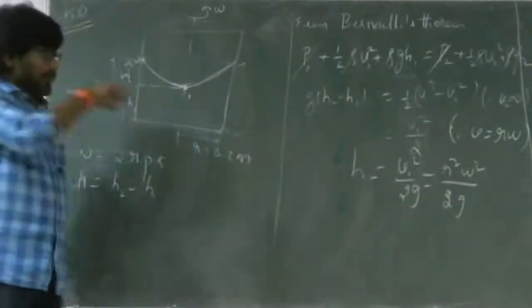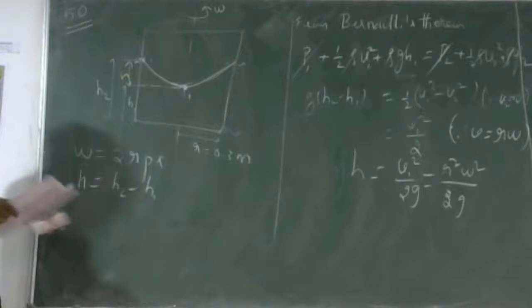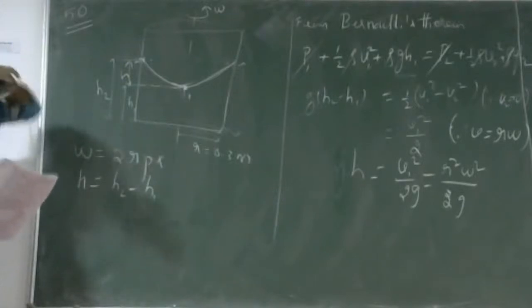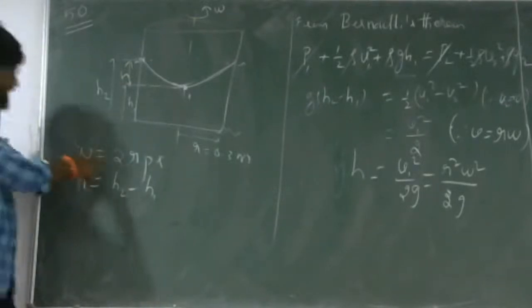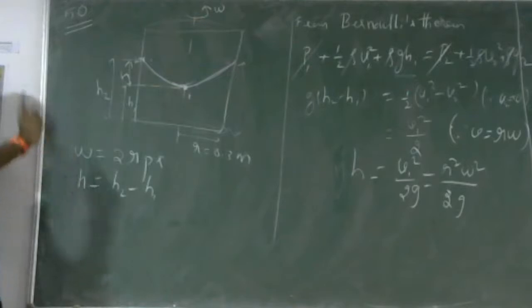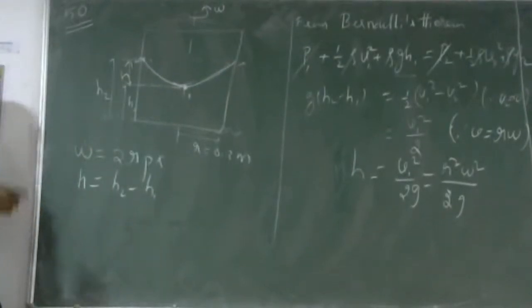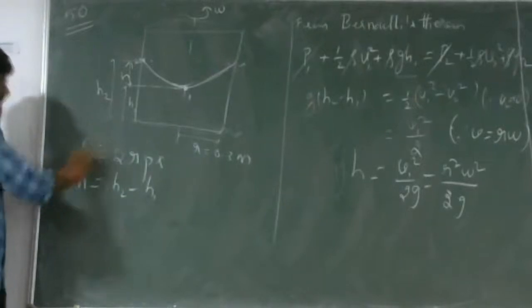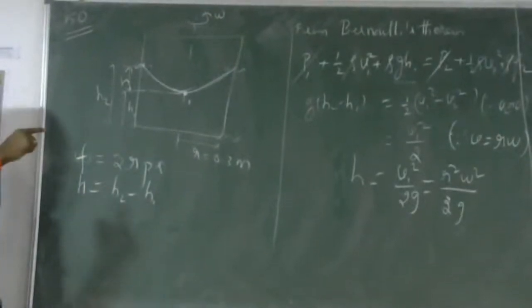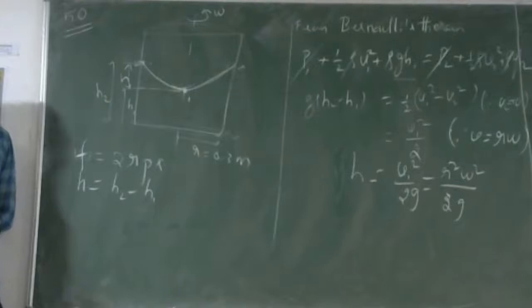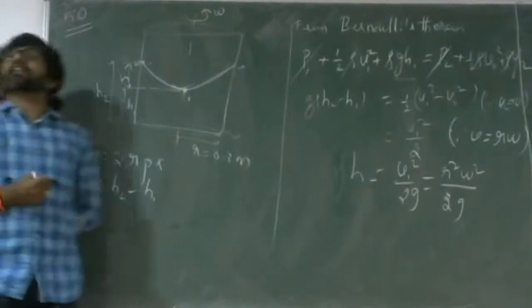Right? So, substitute this. Actually here, revolutions per second means we have to take this not as angular velocity. So the rotational frequency is given. Usually the linear frequency of rotation is given, f, rotations per second. But angular frequency will be measured in terms of radians per second.